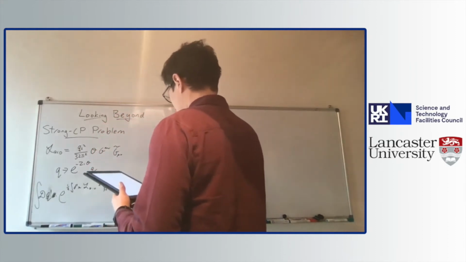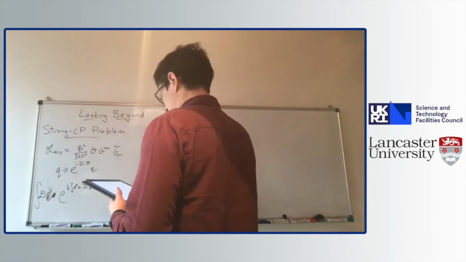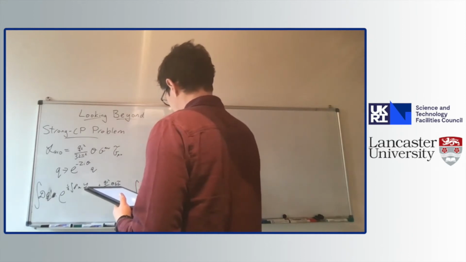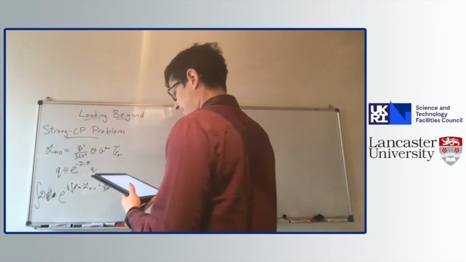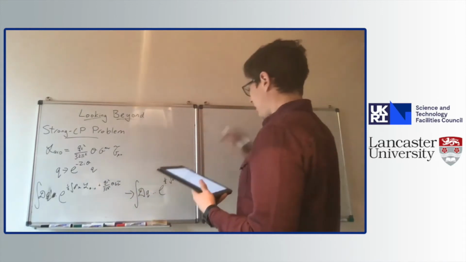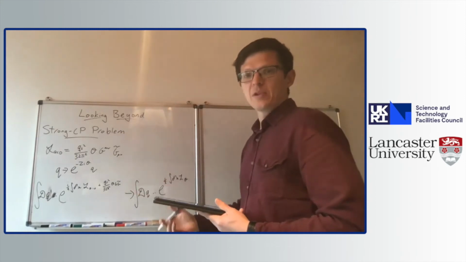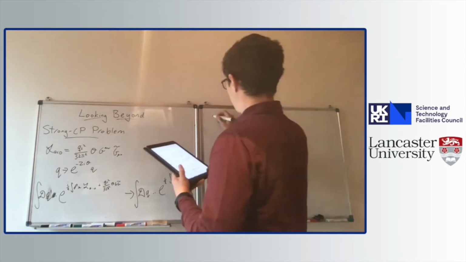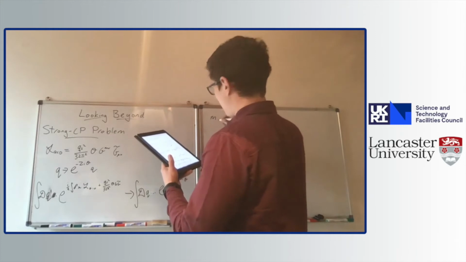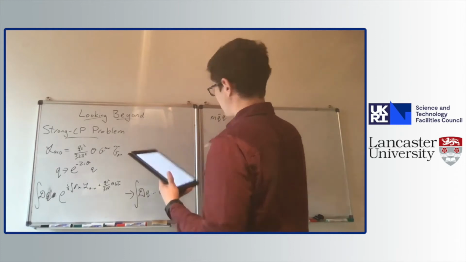e to the i over h bar integral of d^4x L of theta, where in L of theta all that has happened is that the kinetic terms have remained the same, but the quark masses will have changed. You can do this exercise yourself to see how much they change when we do this transformation.